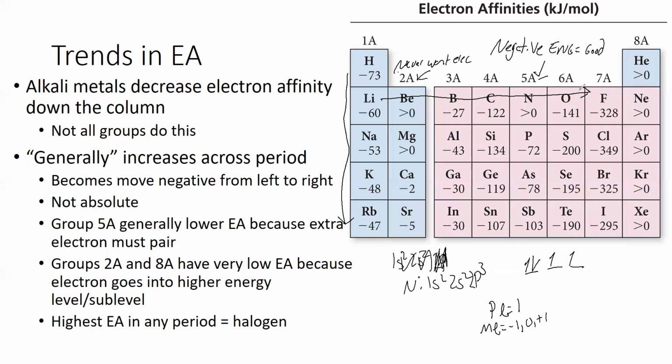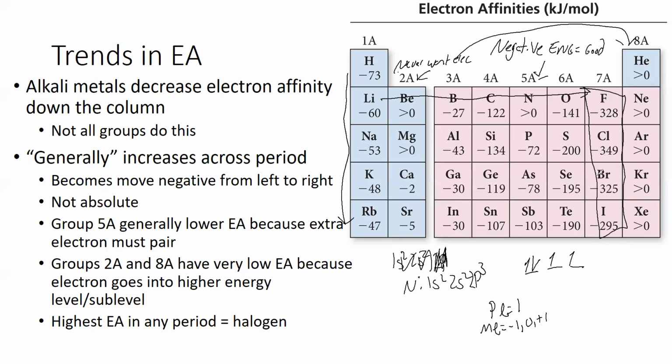So group 5A is lower than what you expect. Group 8 will never want an electron because they are a full octet already. You can't take an electron away from them easily. They're good. They're neutral. And who wants an electron the most, or the most energy you get out, are the halogens, because they're 1 electron away from being a noble gas.